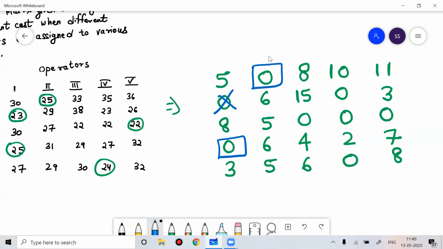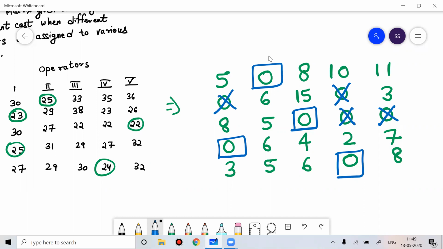The fifth row has one 0, so do the allocation. Cancel this. Now see column-wise. First column, nothing can be done; second column, nothing can be done; third column has one 0, so do the allocation and cancel this. Fourth and fifth columns, nothing can be done. Now there is no 0 left at all.